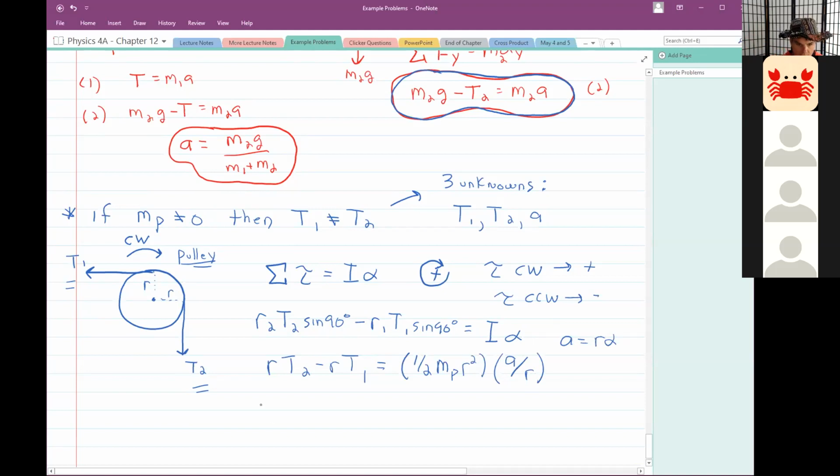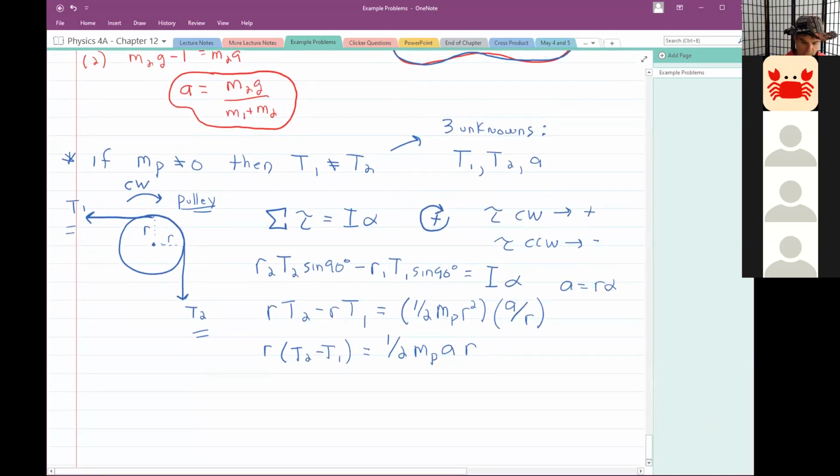What I get is r times (T2 minus T1) equals, this r cancels out one of these, 1/2 the mass of the pulley times the acceleration times r. I can cancel r from each side, and what I get is T2 minus T1 equals 1/2 times the mass of the pulley times the acceleration.